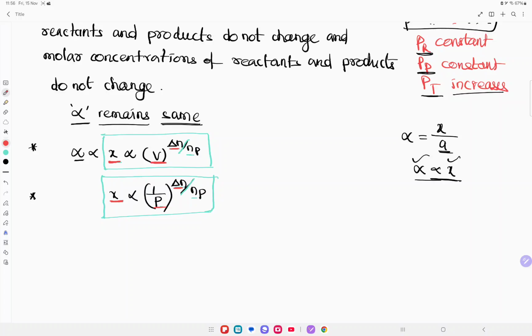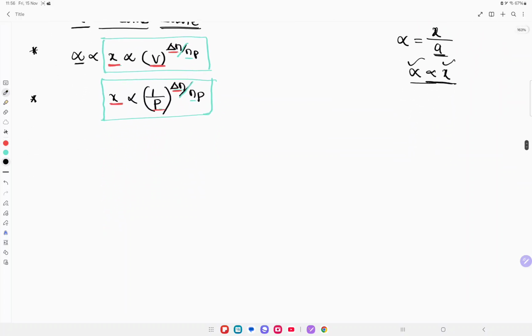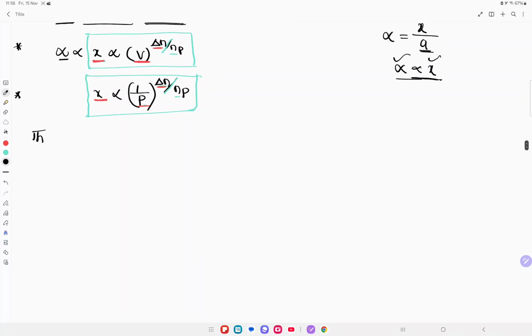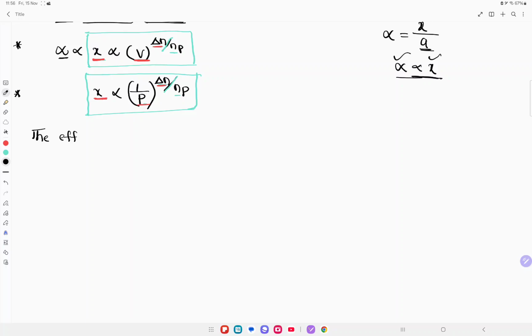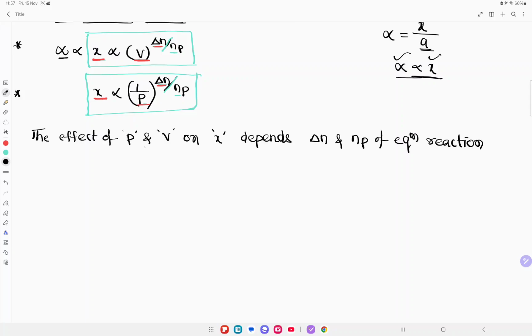Delta N. That means the effect of pressure and volume: pressure is partial pressure, and the effect on X, the number of molecules dissociated, depends on delta N and NP of that equilibrium reaction. So it depends mainly on delta N.